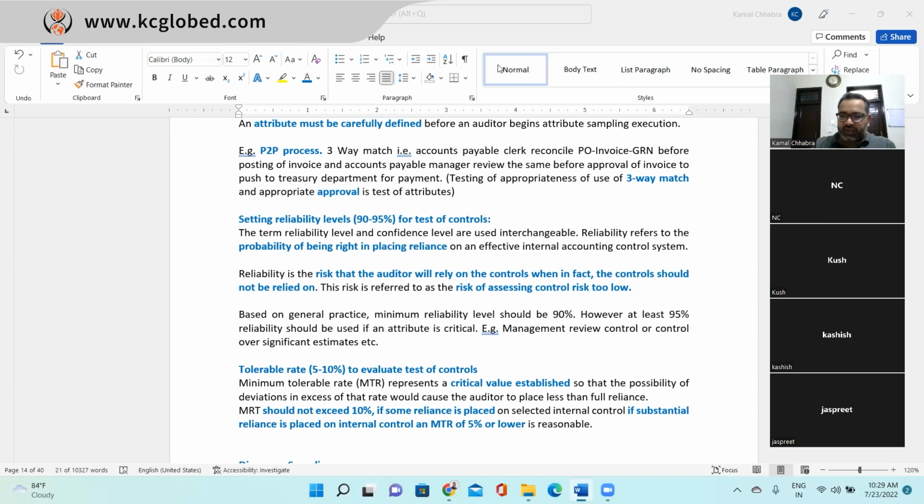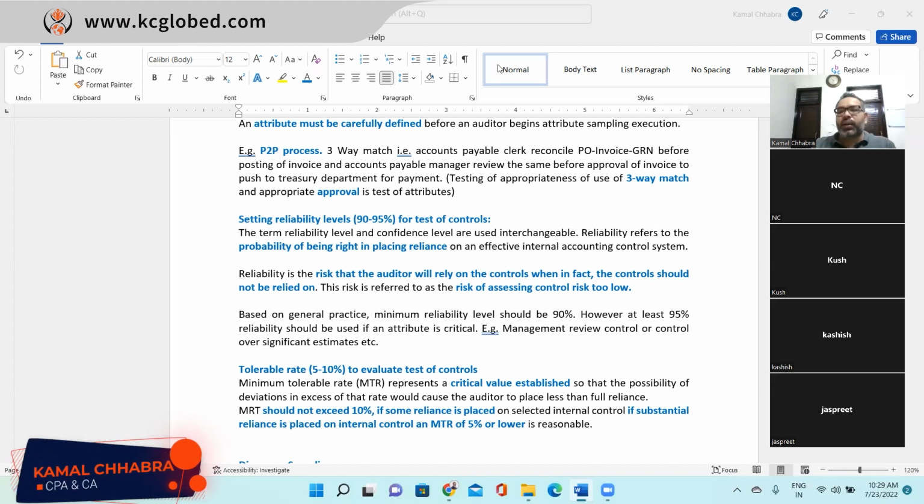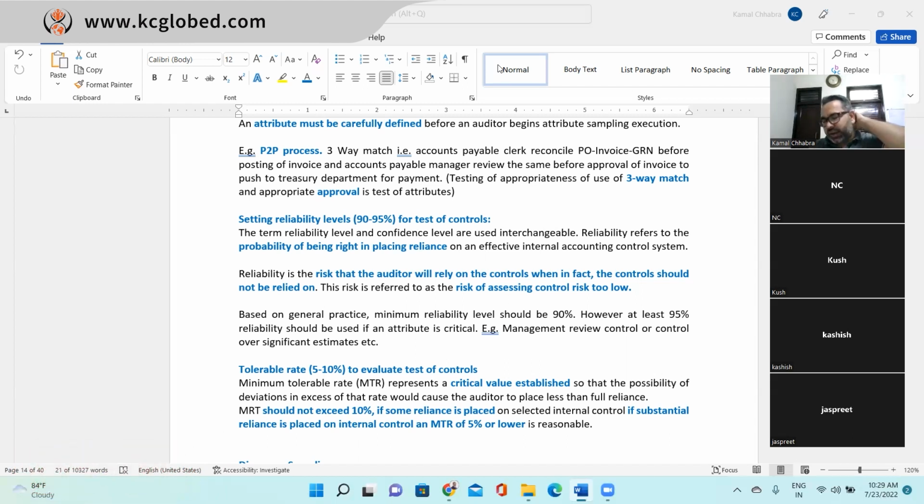That means it is a risk. It is a risk that you are accepting the wrong population, relying on the controls and making the control risk low, whereas in the actual population there are certain misstatements. Make sense? That is called detection risk, right?